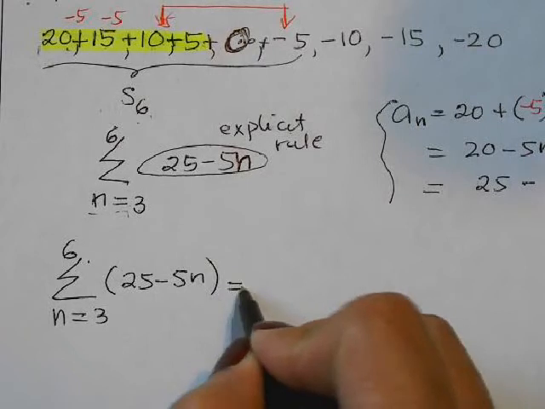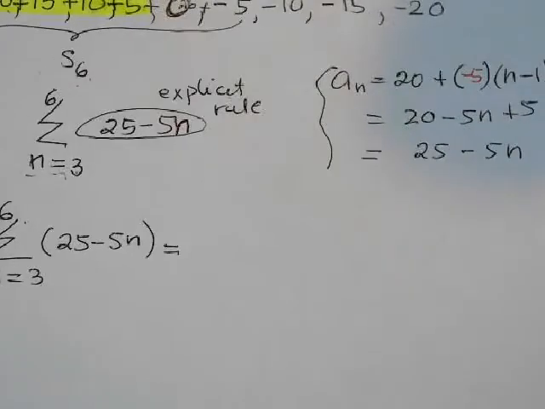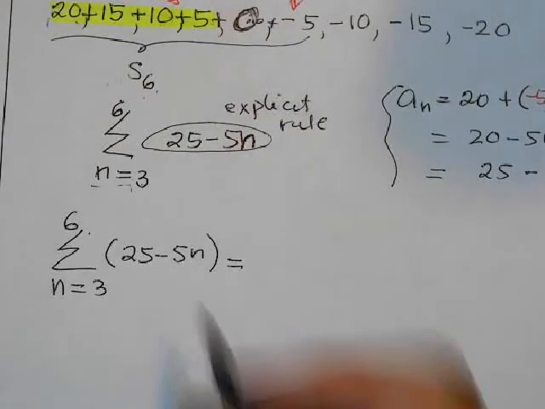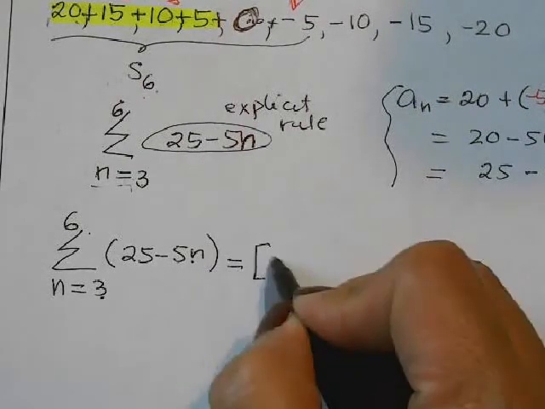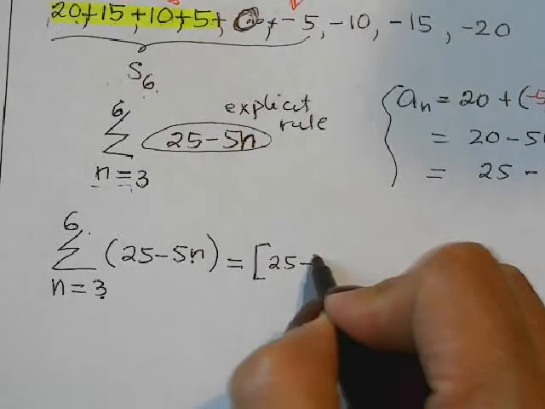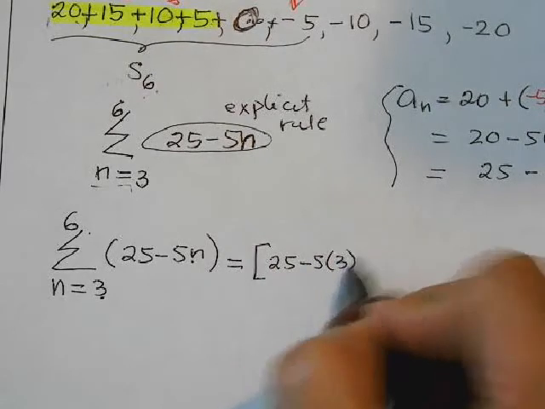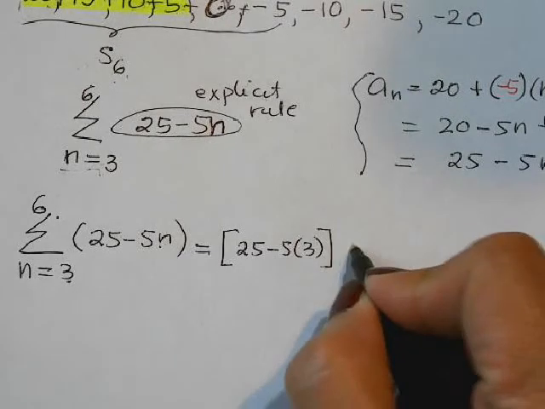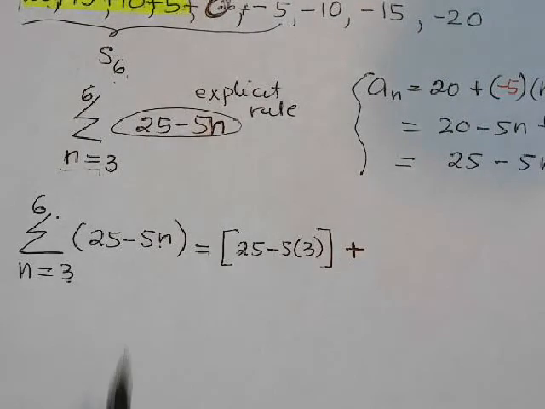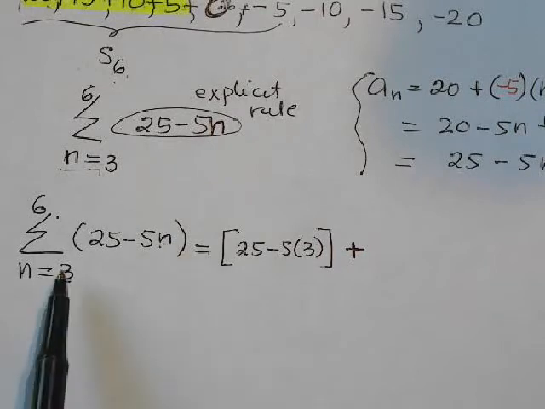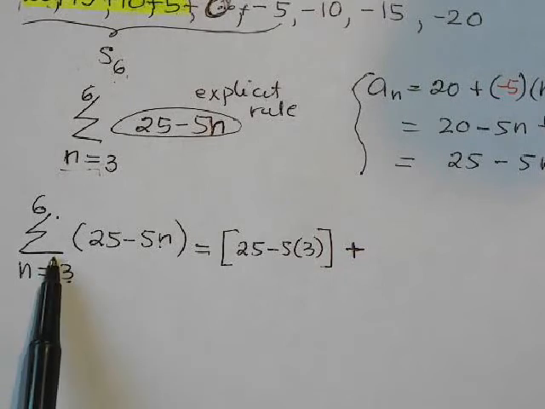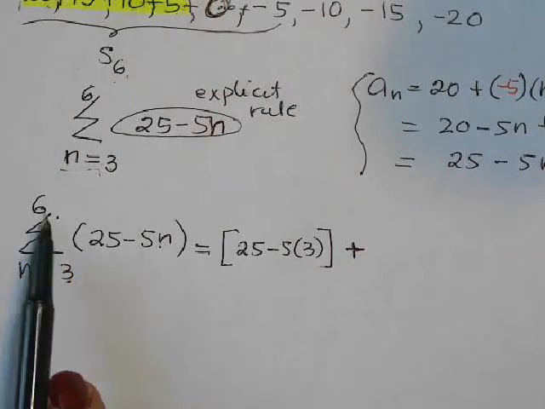So how do you do this? This is very easy. You just get the first term by substituting this here. So let's just put brackets, 25 minus 5 times 3. Okay, plus you keep on substituting n. So now after 3, you substitute the next number, 3, 4, then 5, then 6.